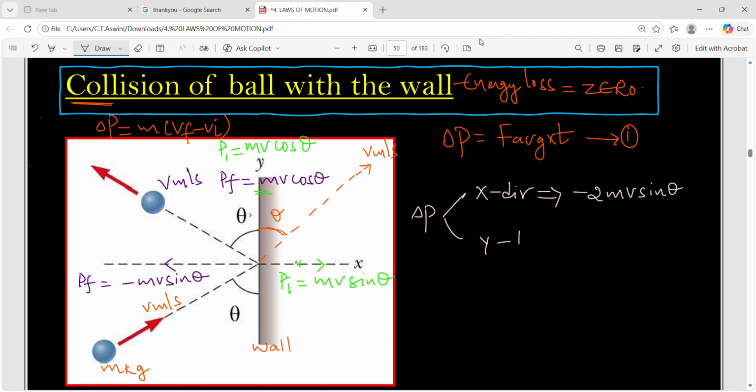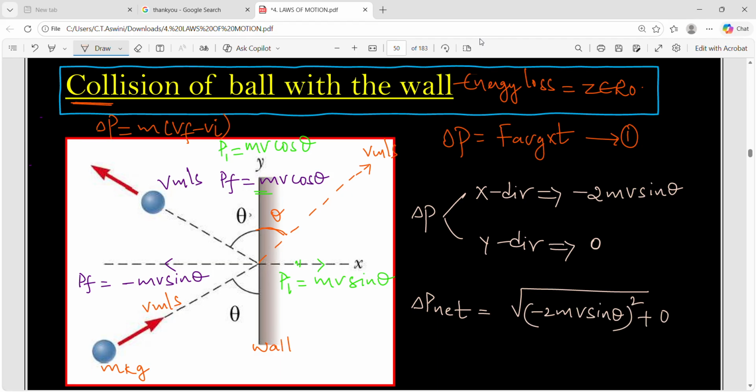And what about the y direction? If you see along y, initially and finally the momentums are the same. So as the final momentum and initial momentum are equal, the change in momentum is 0 along the y direction. Now how will you find the net change in momentum? X component square plus y component square.